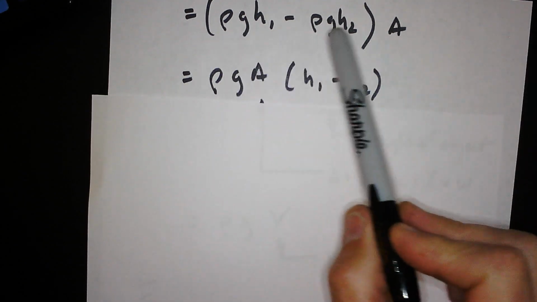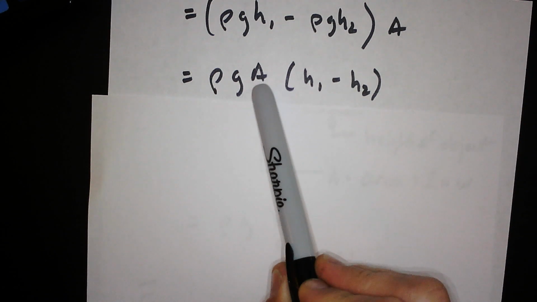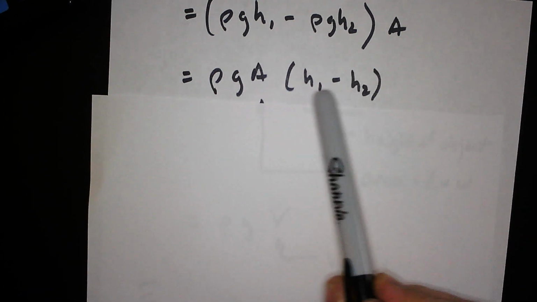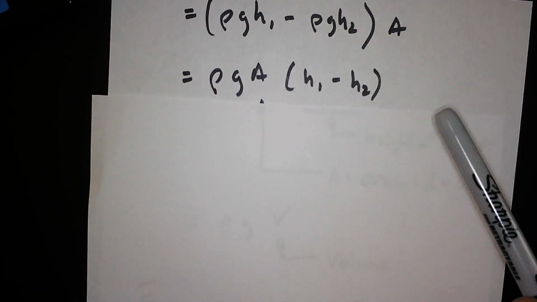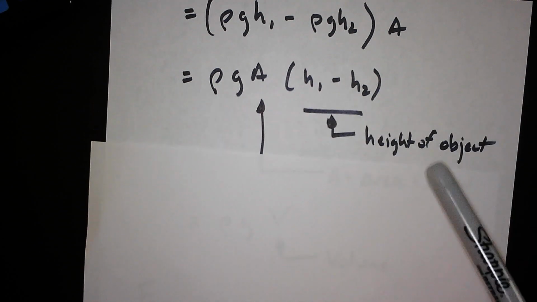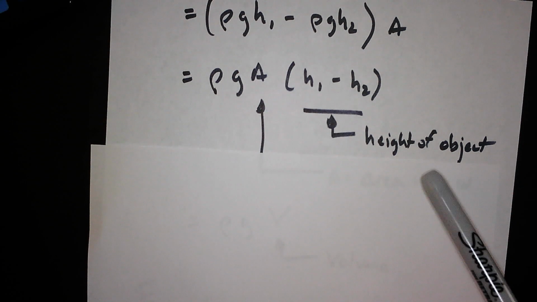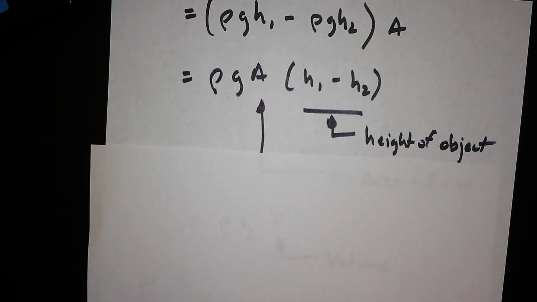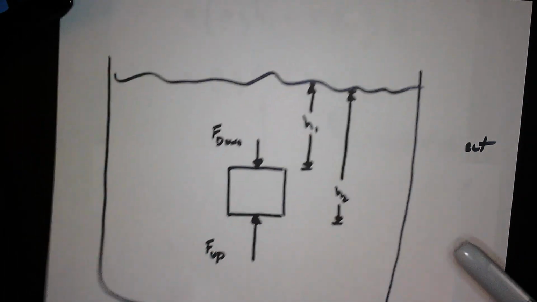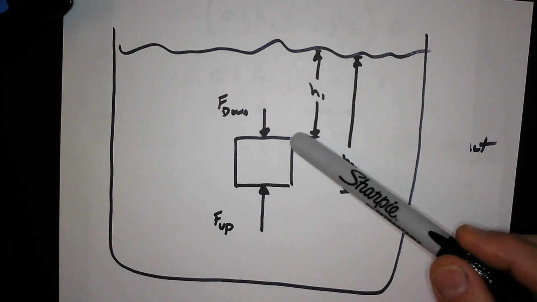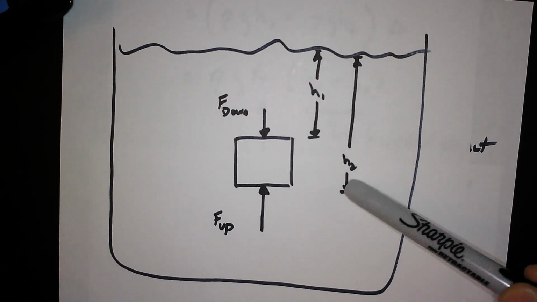I have like terms, so I have rho g A times H1 minus H2. That represents the difference in depth of water, the height of the top and the height of the bottom.